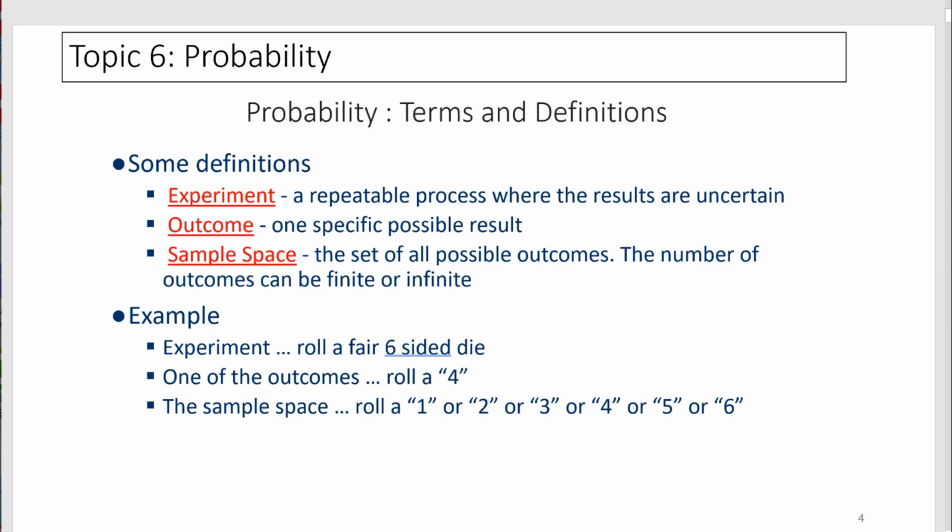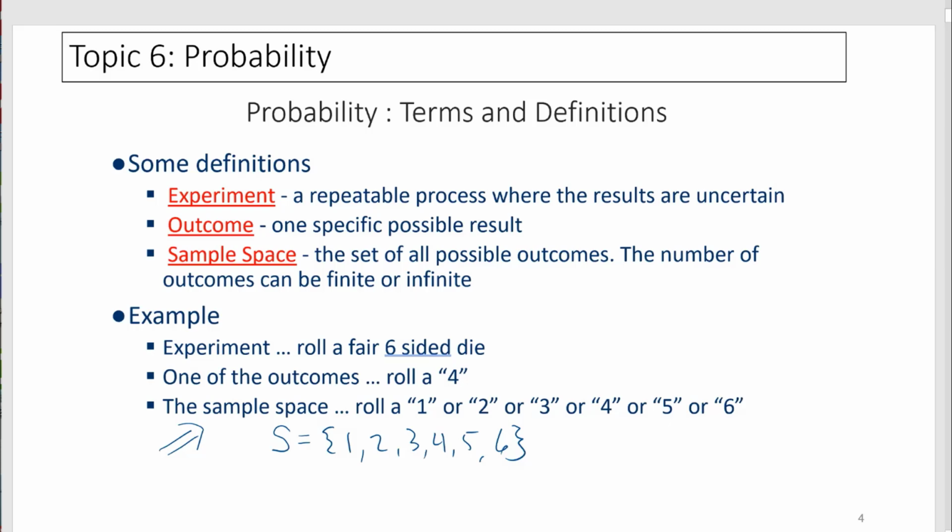Now, listing the sample space, generally speaking, we use a capital S. So in this example right here, when we talk about the sample space for rolling a fair die, we would write it like 1, 2, 3, 4, 5, 6. So when I roll a die, I only have 6 possible outcomes that would come out. That's my sample space. One of the outcomes would be to roll a 4.